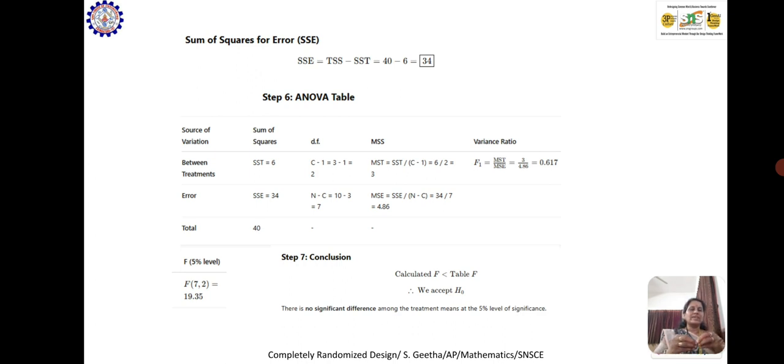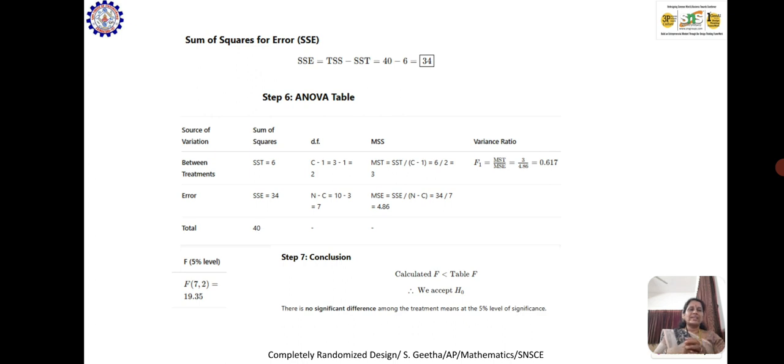Now we calculate the MST value. Likewise we find the error sum of squares SSE. Next we calculate the MSE value. MSE is SSE divided by the corresponding degrees of freedom.